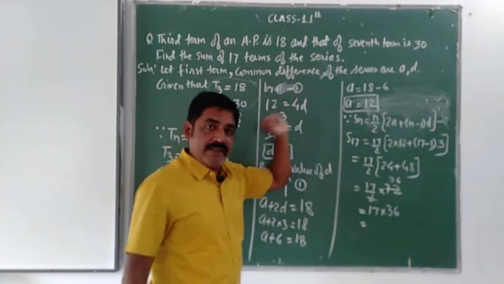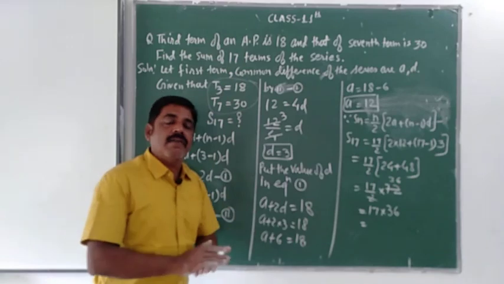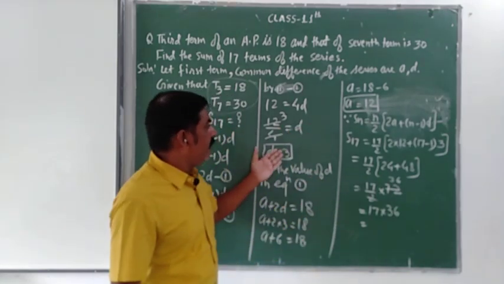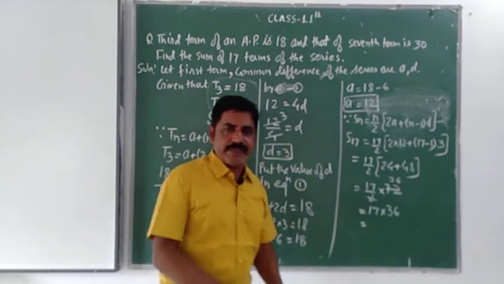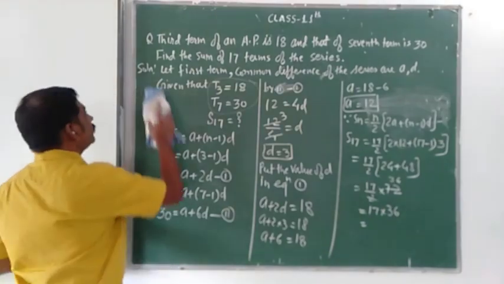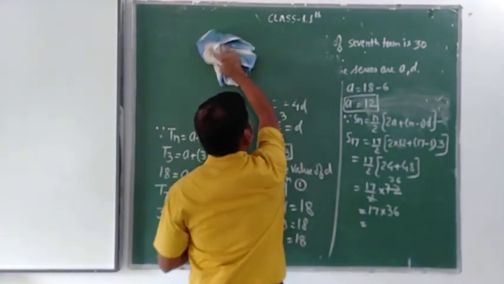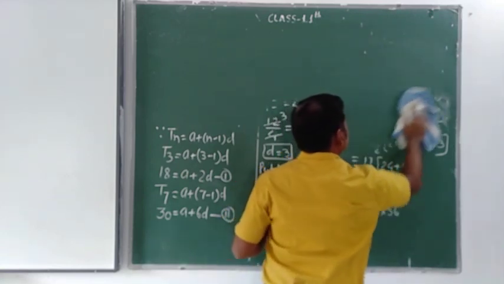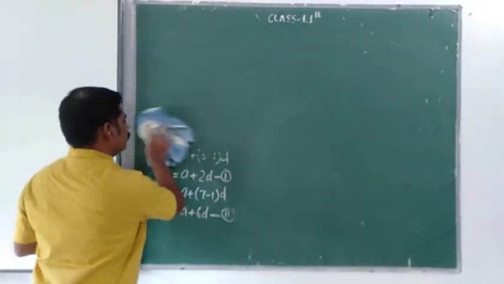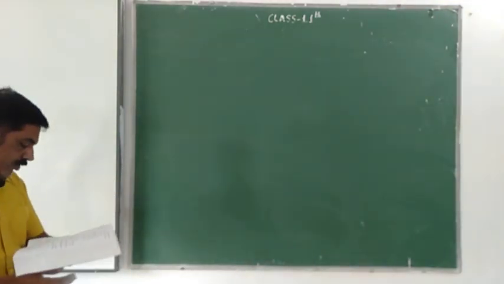So with the help of third term and seventh term, first of all we have to find the values of A and D. And whenever we get A and D, we can easily find sum of any terms, because n is given and we already have A and D, so we can easily find sum of any terms, right? Now see next question.